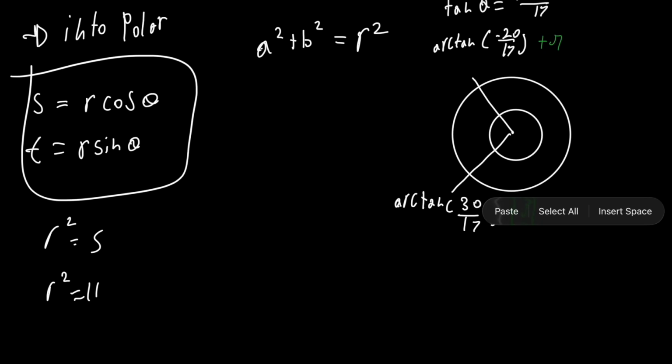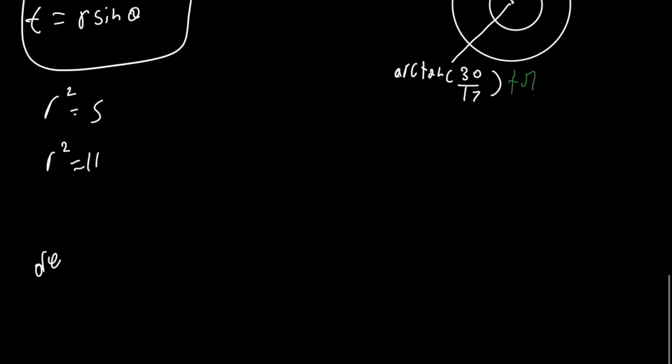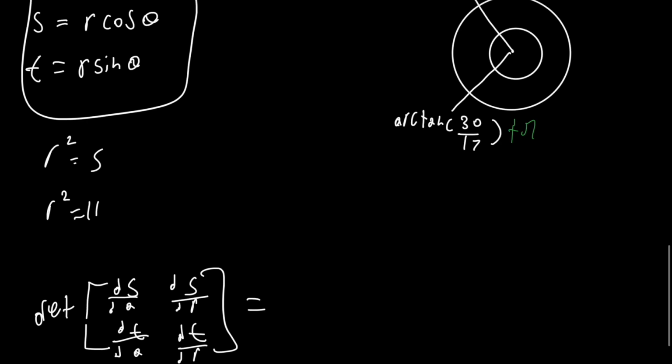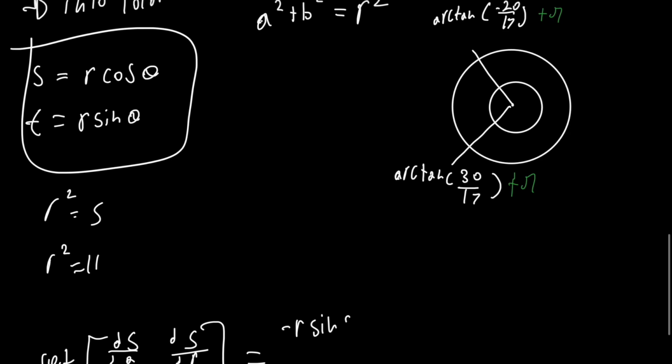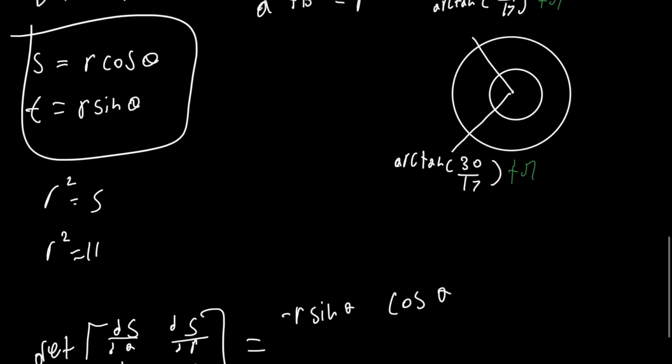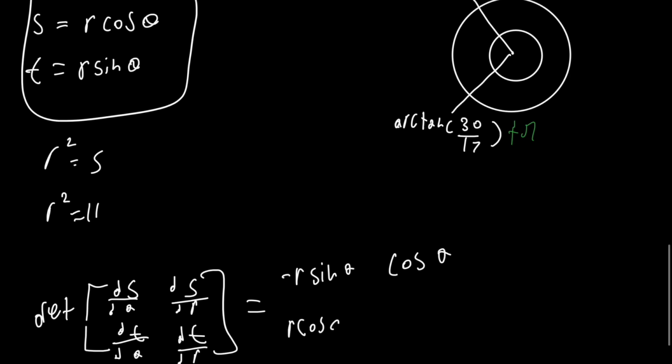Okay, now that we have that, we have to get the Jacobian. So like I said, you take the determinant of old versus new. So ds d theta is negative r sine theta. ds dr is cosine theta. dt d theta is r cosine theta.